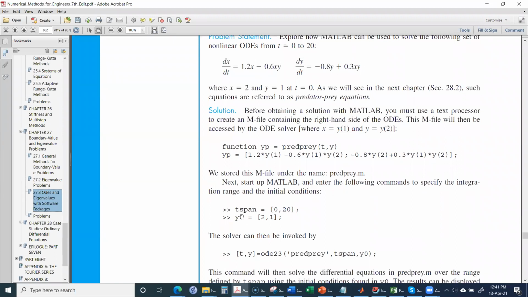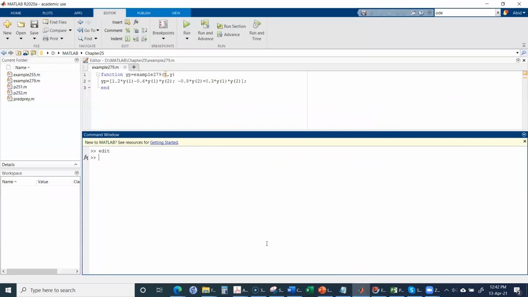So we will first define the span, that is the range of values. So t span is equal to 0 to 20. So we have to integrate it from 0 to 20.